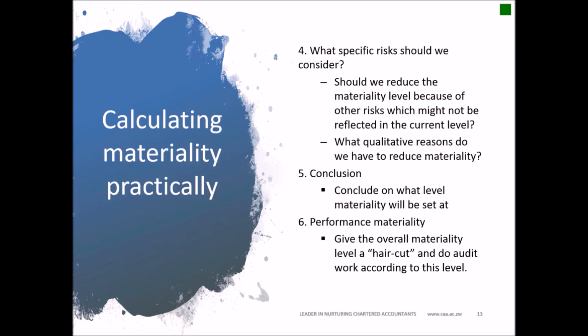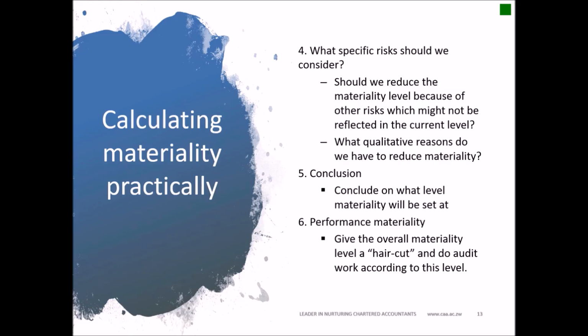What will be your conclusion? Conclude on what level materiality will be set at, and it's communicated for those who are going to perform the audit work. They will need to use that benchmark. For your performance materiality, which we said is materiality at assertion level, you're going to give an overall materiality level a haircut and do audit work according to this level.